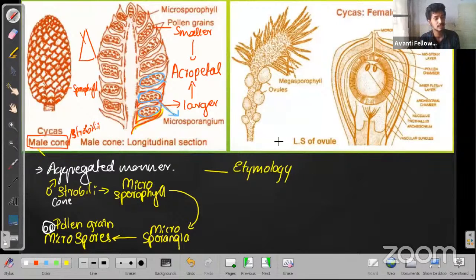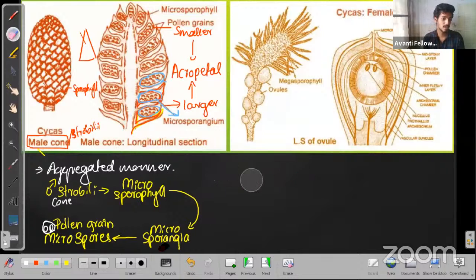Etymology gives the origin of that particular name, so you will come to know where the word originated. That's really important, and it makes you remember things more easily. For those who want to go for medical, it's really important to remember the different pathological conditions or diseases.